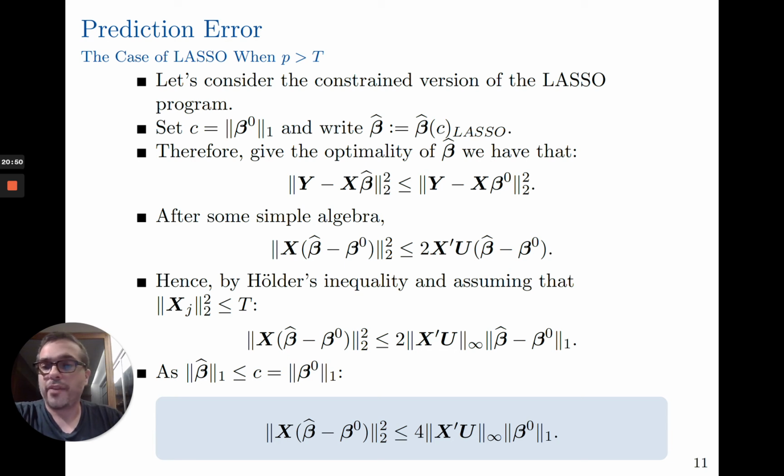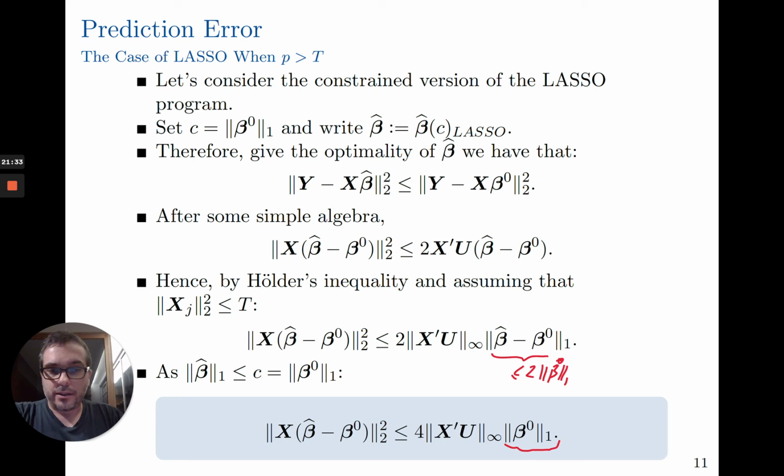So we can have a very crude bound and say that this is bounded by 2 times the L1 norm of beta naught. So we have this bound here that our prediction error, the L2 norm squared of the prediction error, is less or equal than 4 times the infinity norm of this random term that depends on these unobservable errors, times the L1 norm of the true coefficients.